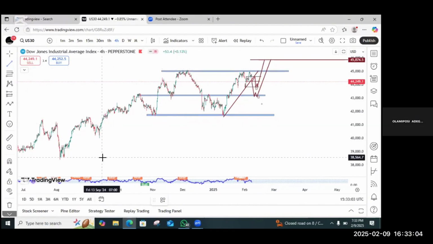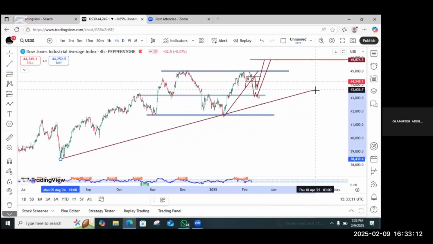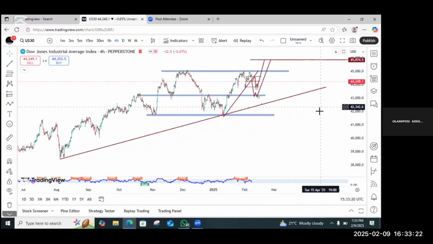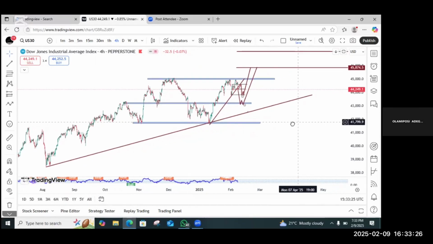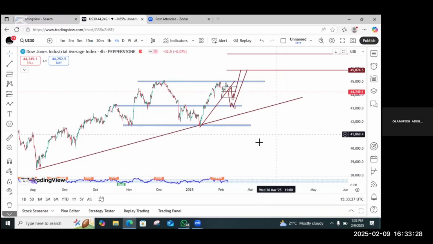So we cannot underestimate what is really happening. That is why I bring out my trend line from far back to check what is really happening. Just in case this market moves more than expected, really, really moves this week, I'll be expecting the top touch of this trend line.